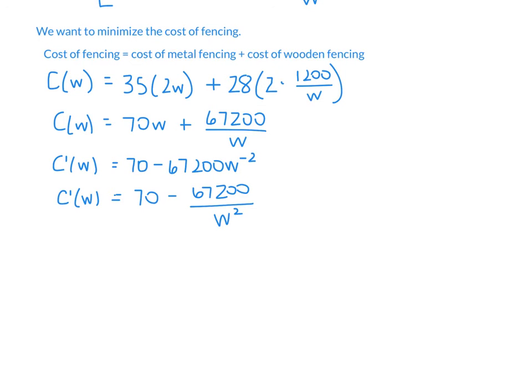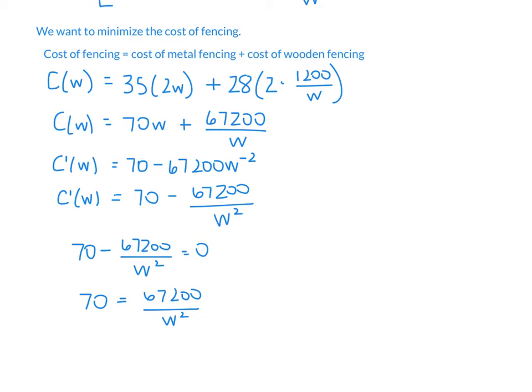Now to find our critical values, we're going to set the derivative equal to 0. So we have 70 minus 67,200 over W squared equal to 0. So we have 70 equal to 67,200 divided by W squared.